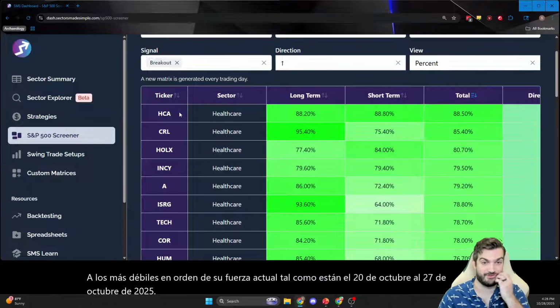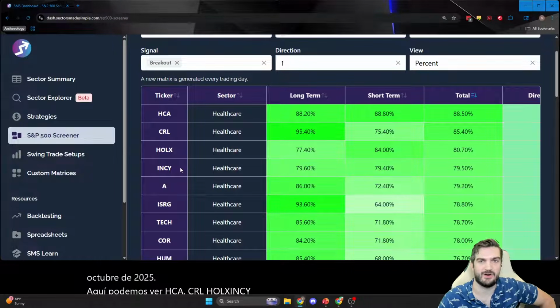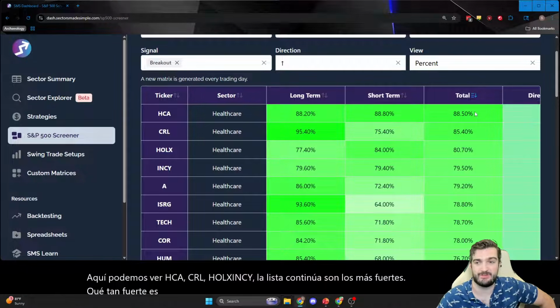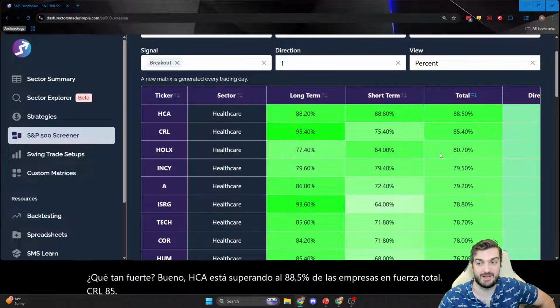Here we can see HCA, CRL, HOLX, INCY, the list goes on, are the strongest. How strong? Well, HCA is beating 88.5% of companies for total strength. CRL, 85.4%. HOLX, 80%, and we can continue.